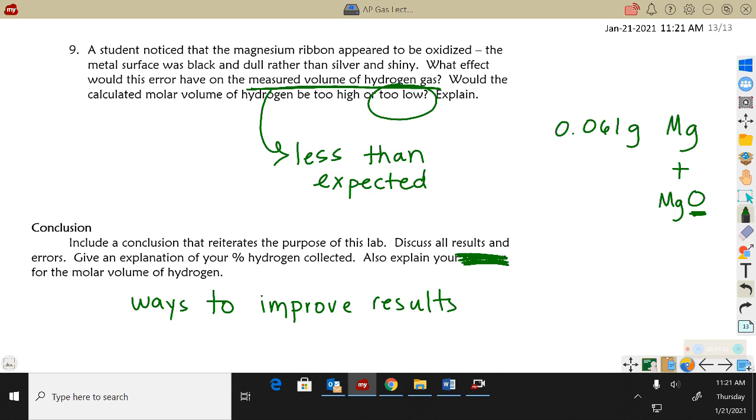But maybe in this case, I should have put the stopper in a little bit tighter. Maybe I should have made sure that the hole in the bottom was covered when I inverted the tube. I should make sure that the tube was totally filled with water so that there wasn't an air pocket to begin with. Those might all be things that I would make sure I do well if I could repeat the procedure.